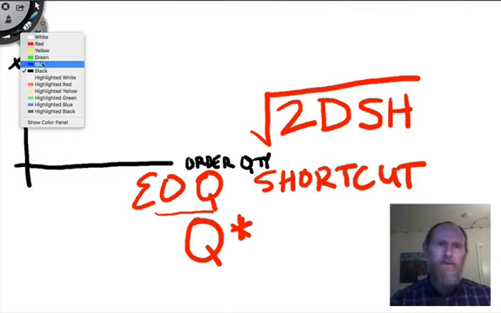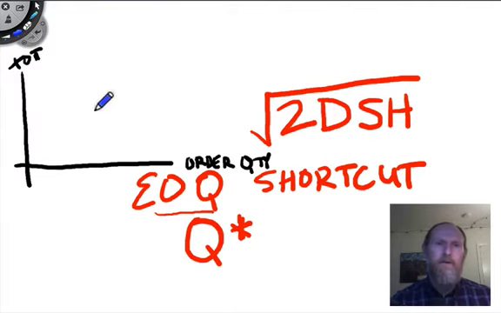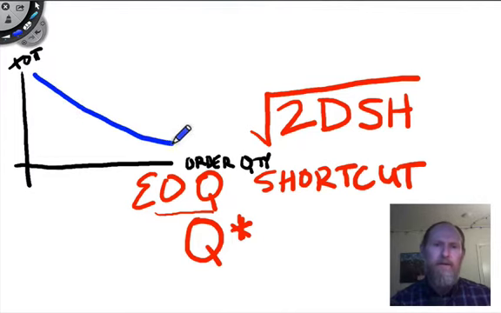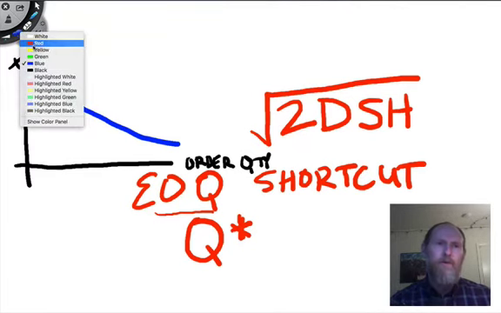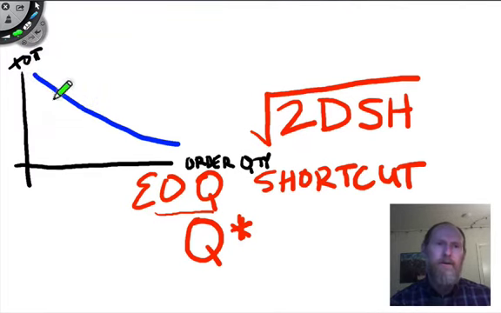Again, EOQ is the point at which we balance out holding costs and ordering cost. So if we order a few items and then we order a lot, that curve looks like this. If we order a few items, we have low holding costs, but then the more and more that we order, that curve looks like this. So this is holding cost.